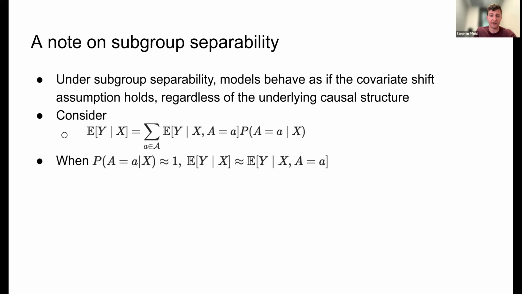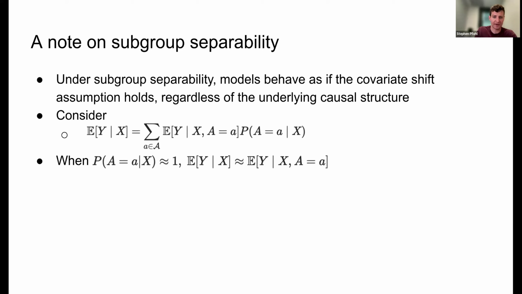The interesting thing here is that the Bayes optimal model that predicts based on X alone actually behaves as if it's subgroup optimal, which basically means that it behaves as if the covariate shift assumption holds regardless of the underlying causal structure. The intuition for this is that the covariates actually hold all the information about A. And so prediction using X alone is essentially equivalent to using subgroup membership directly from the perspective of the model.